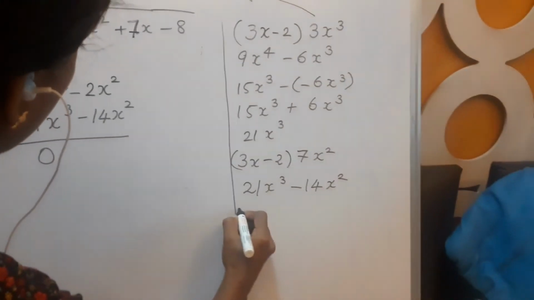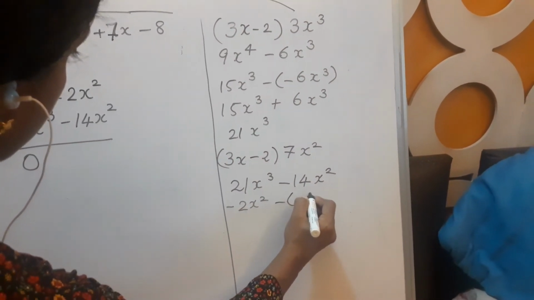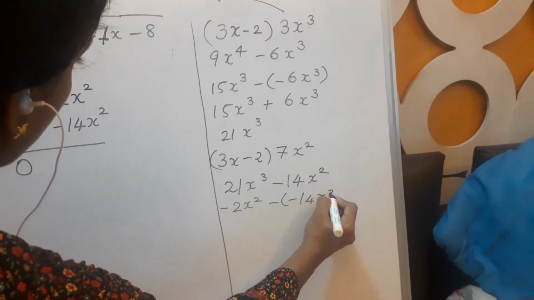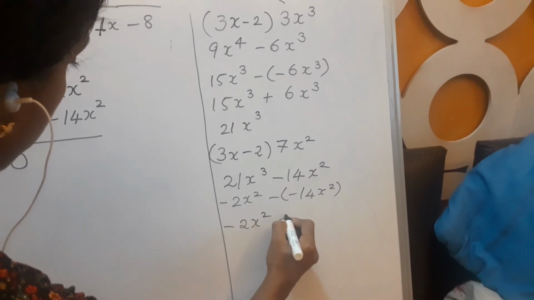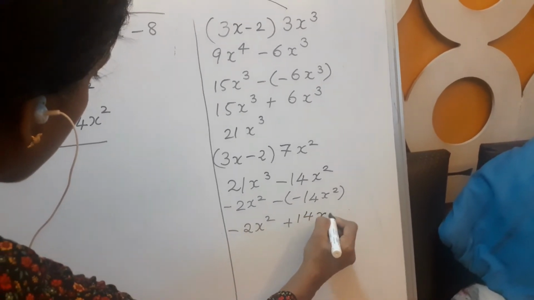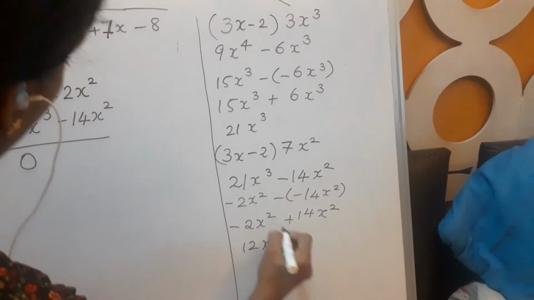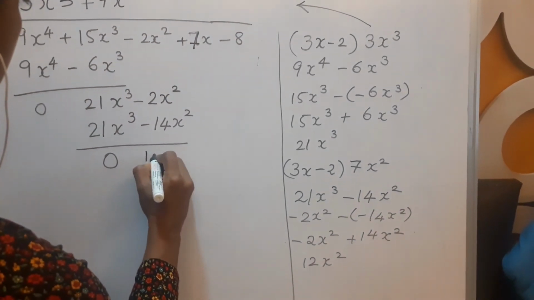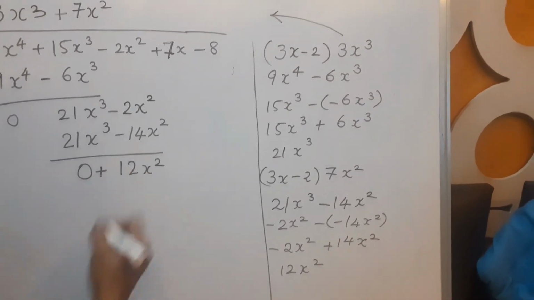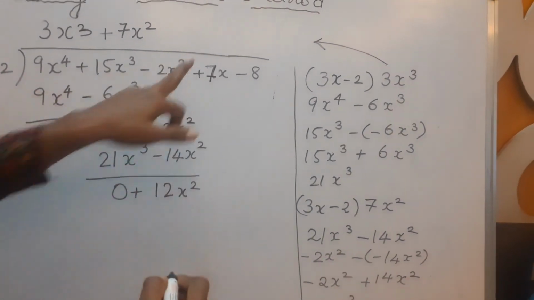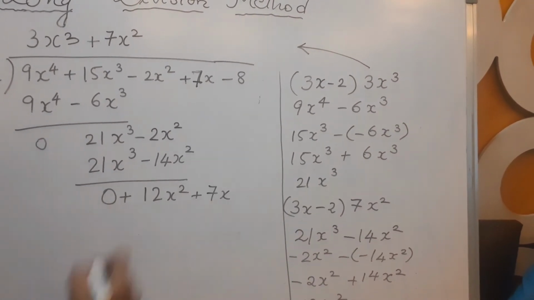To solve this, minus 2x square minus 14x square, that is minus 2x square plus 14x square, and that will give you 12x square. That is written here. Okay, now bring down the next portion, that is plus 7x.